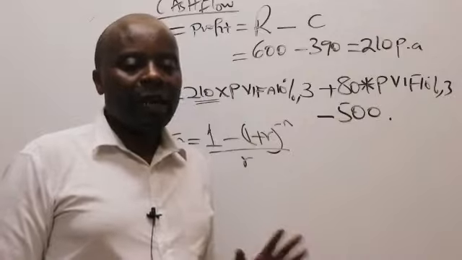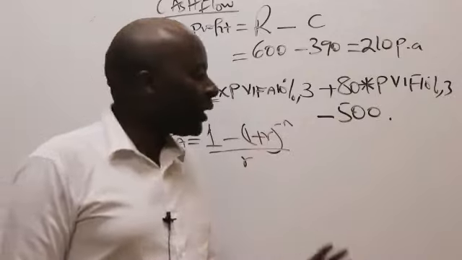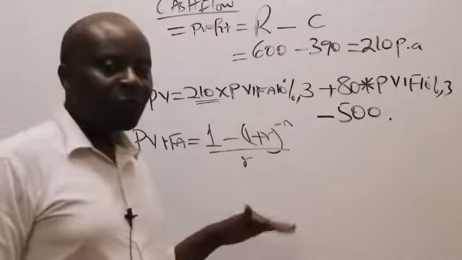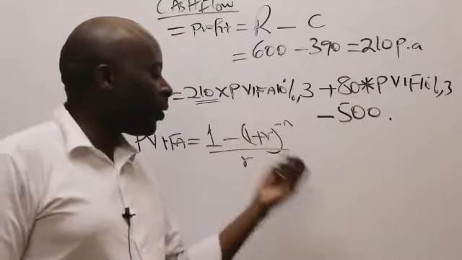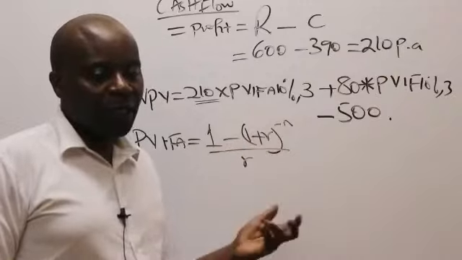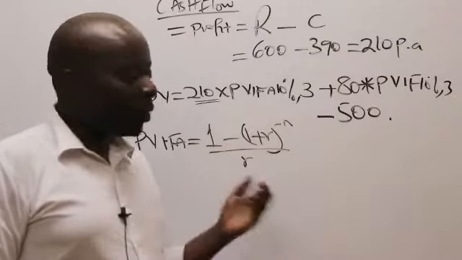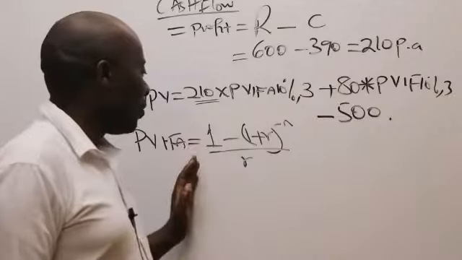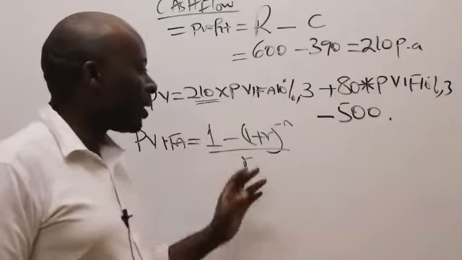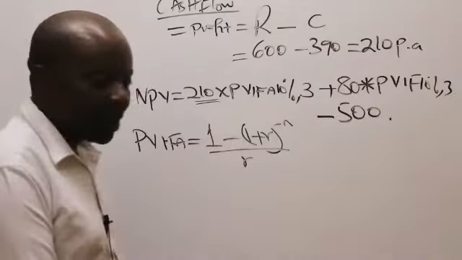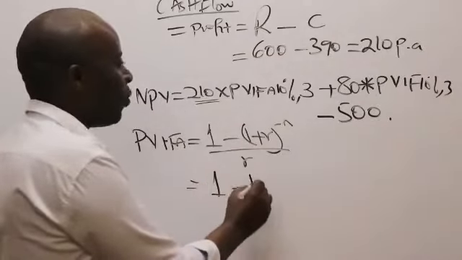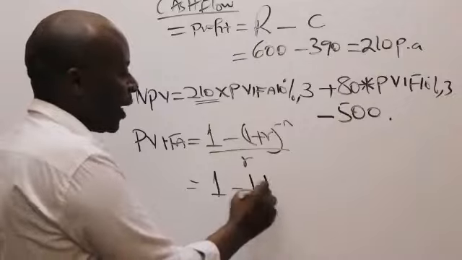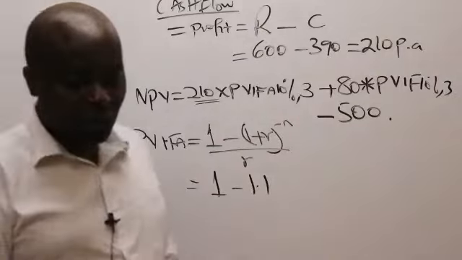I've always made sure that I master the formula, because in section 5, most probably, they'll give you a discounting rate which is not within the table. So PVFA here will be 1 minus (1 plus R) raised to negative N over R. So this will be 1 minus 1.1, because they gave us the cost of capital.